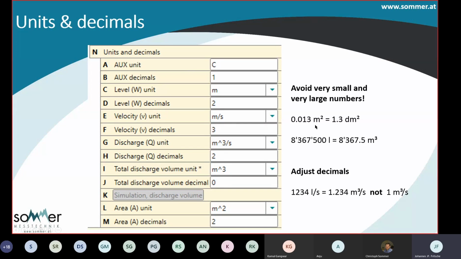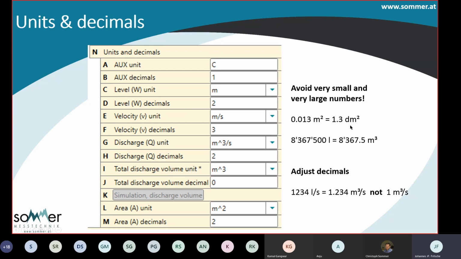Because the instrument can only handle a certain number of decimal points, the result will be much more accurate if you select the 1.3 square decimeters instead of the 0.013 square meters.